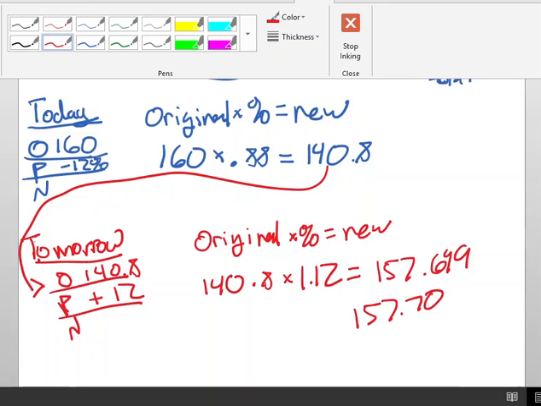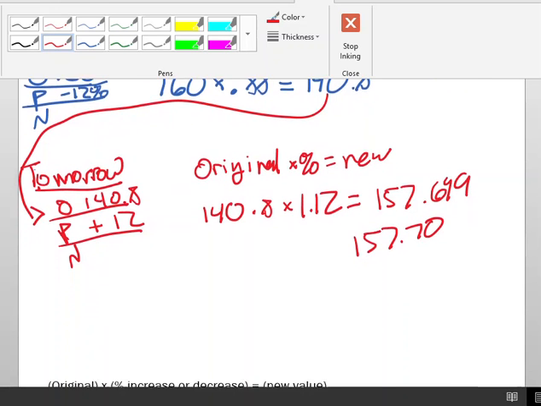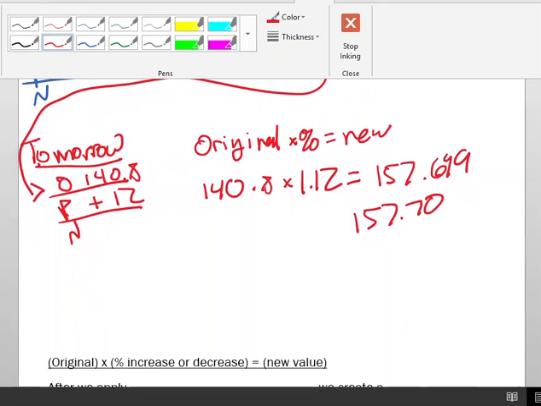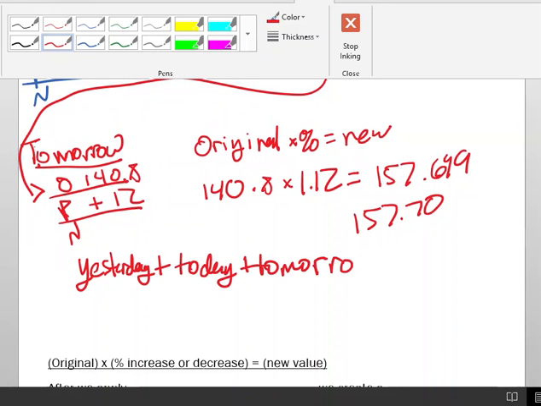And there I might want to go, woof, I'm all done because I found how much she's going to make on each day. And congratulations, we did. But that's not the question. The question is, how much is she going to make all together? So I have yesterday plus today plus tomorrow. And that's going to be 160 plus 140.80 plus 157.70.